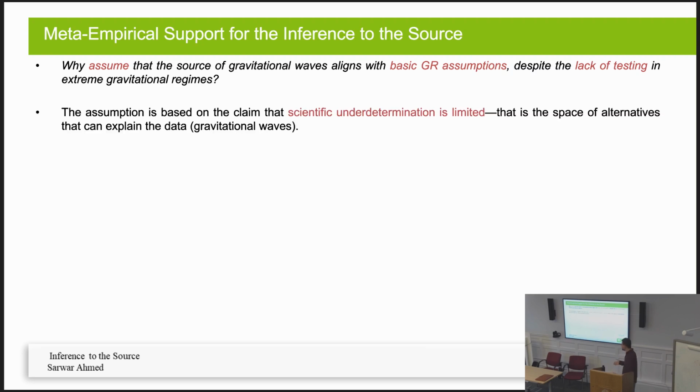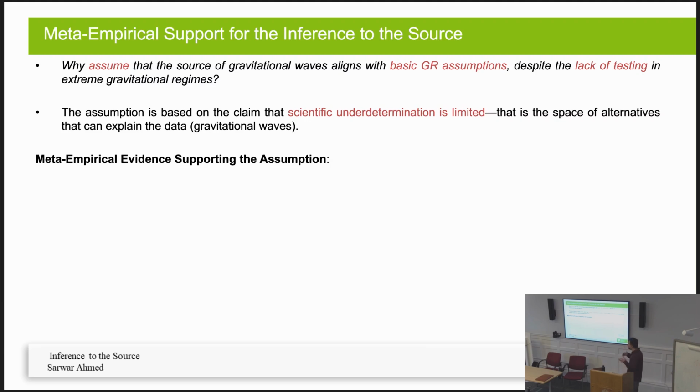This assumption should be justified by some kind of evidence which goes beyond empirical evidence, because the assumption is based on strong limitations on scientific underdetermination, or in other words, strong limitations on the space of alternatives.